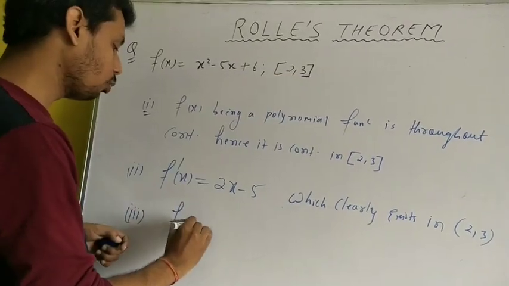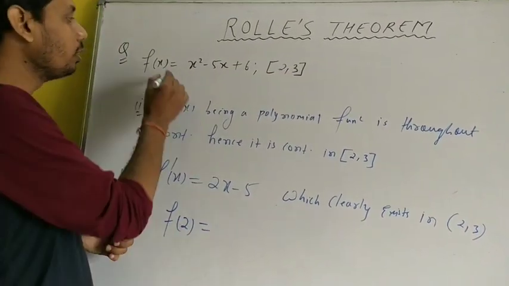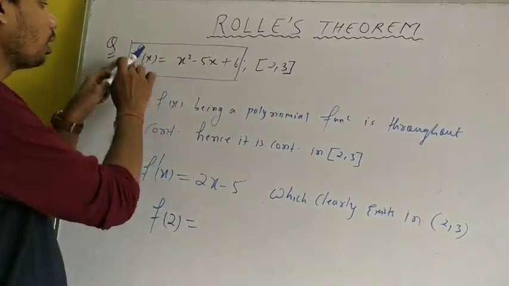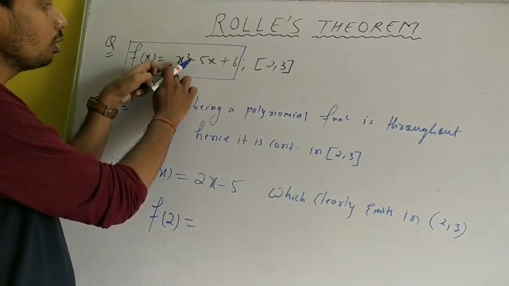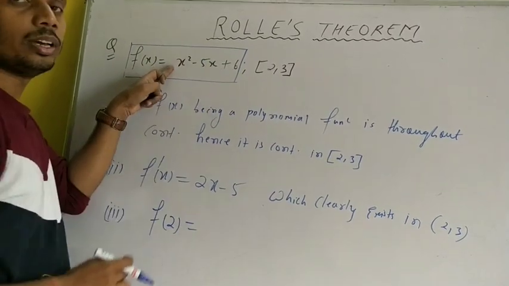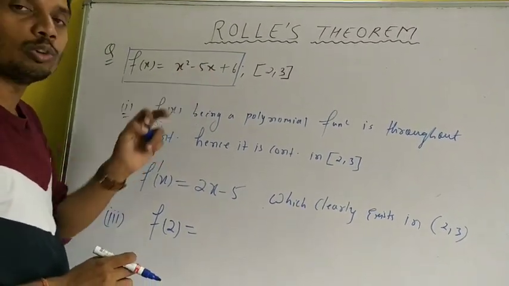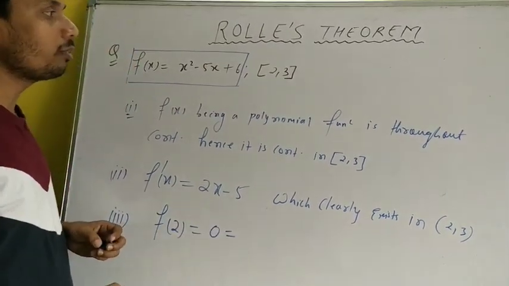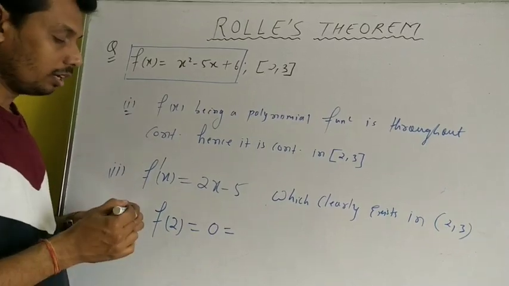So the value of f(2), this is f(x), so from here we will get the value of f(2). f(2) will be equal to 2 squared, 4, plus 6, 10, and if we replace x by 2, minus 5 into 2 is minus 10. So 10 minus 10, 0. Now let us determine the value of f(3).